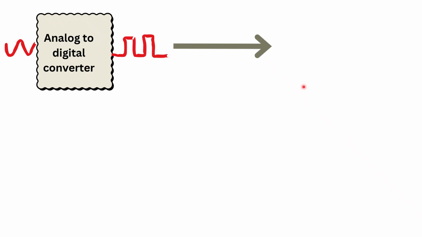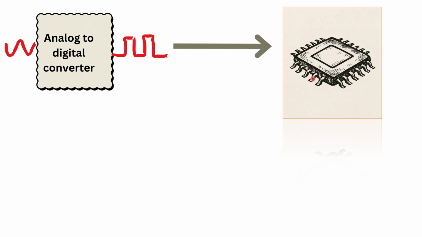This digital signal is then passed into a microcontroller. What a microcontroller does is that it separates the infrared and red parts and calculates a ratio of ratios. This AC red is the pulsatile component of the red wave. This is the constant component of the red wave.